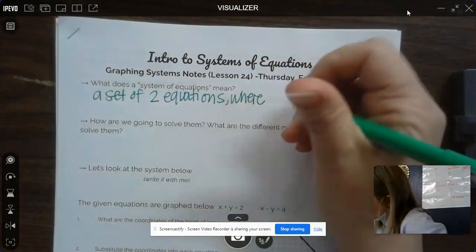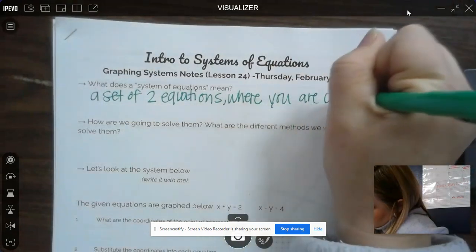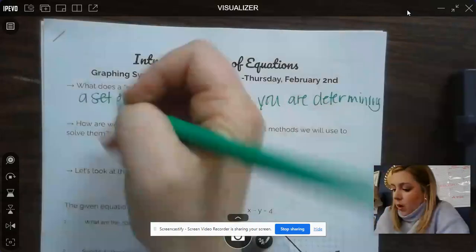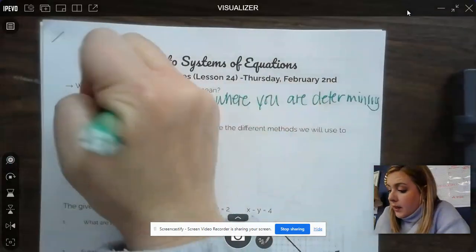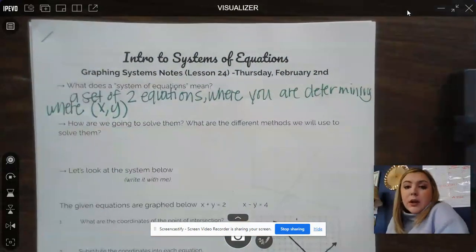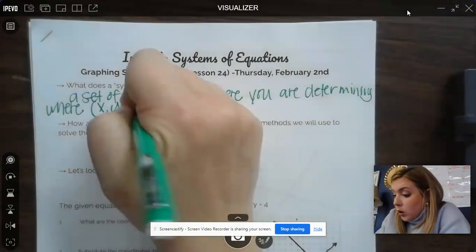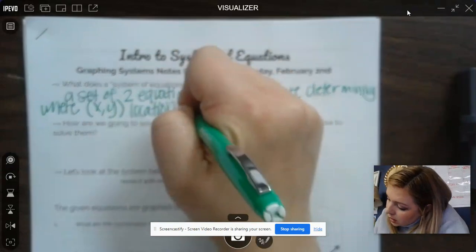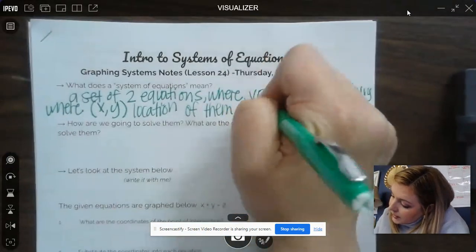So it's a set of two equations where you are determining where, and it's going to be on a graph. So the where here is going to be an XY ordered pair, where you are determining the XY location of them intersecting.